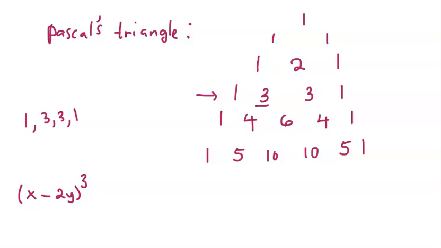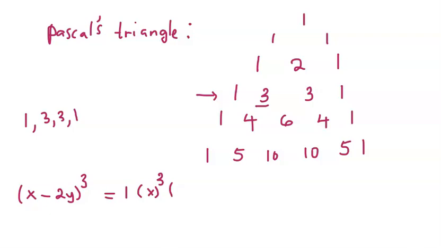With the help of these coefficients, the expansion will be equal to the first coefficient 1, multiplied by the first term in the bracket, x, which must have the highest power, 3.